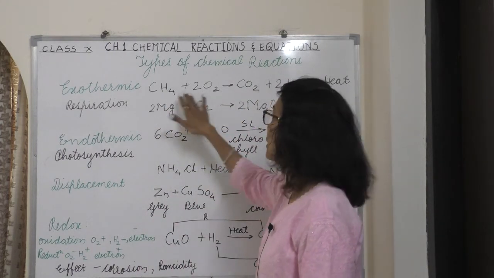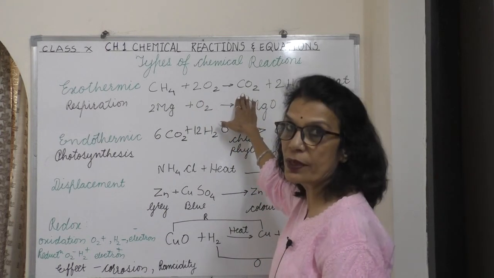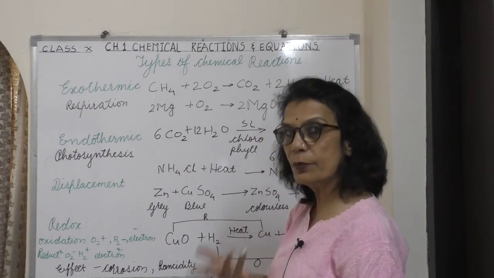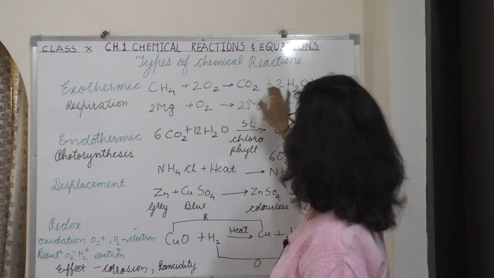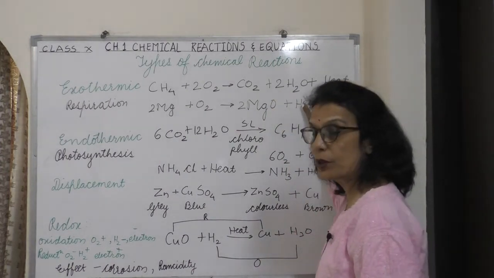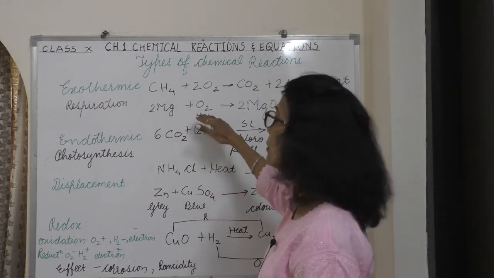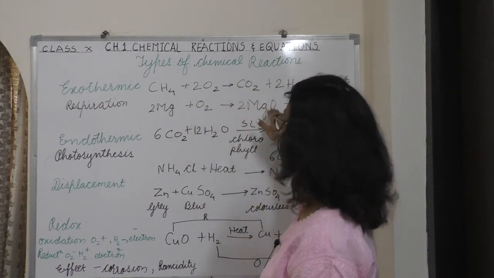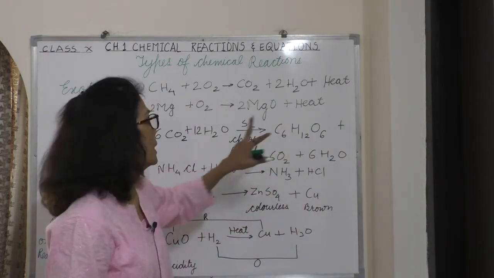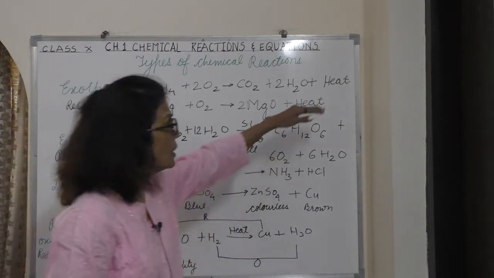Methane is reacting with oxygen, so we are getting carbon dioxide and water, the same reaction we have seen earlier in this video, but we are getting heat also as an end product. Second, magnesium ribbon, when it reacts with oxygen, gives magnesium oxide as well as heat. This we have learned about exothermic reaction in which heat is evolved.